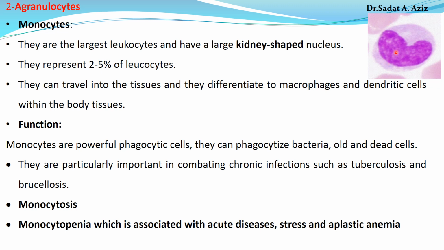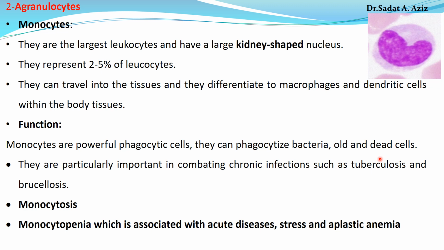So they are particularly important in combating chronic infections such as tuberculosis and brucellosis. Tuberculosis is a chronic bacterial infection which mainly affects the respiratory system, and we also have other types of tuberculosis.